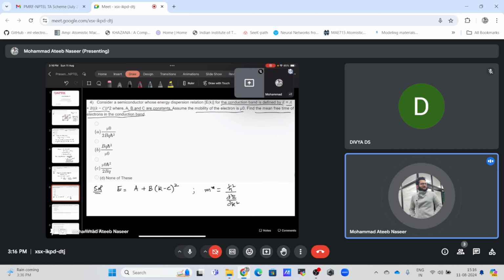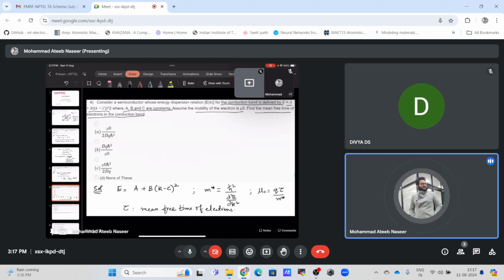Why do we need this effective mass? We need it because we want to calculate the mobility. Mobility is given by q tau by m star, where this tau is the mean free time of electrons.